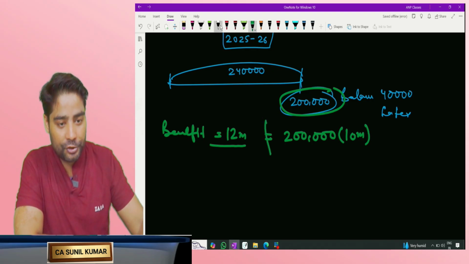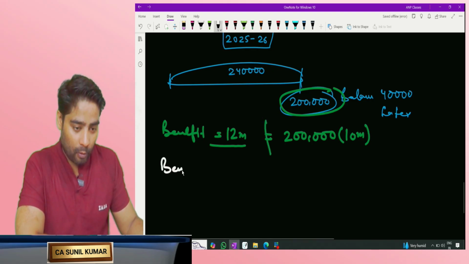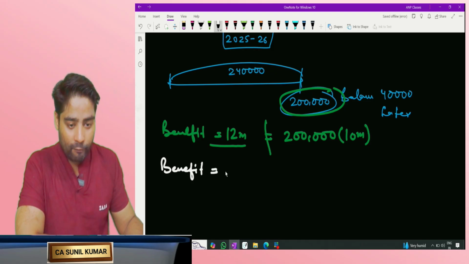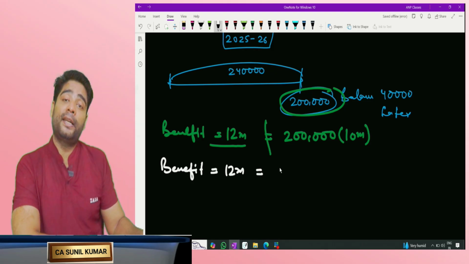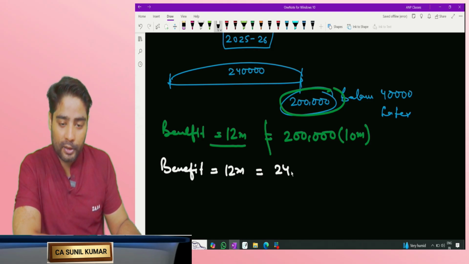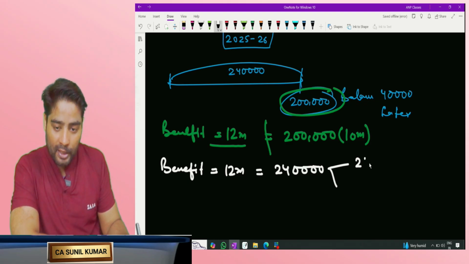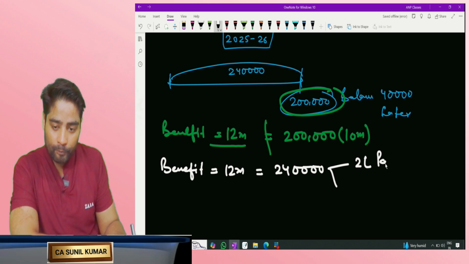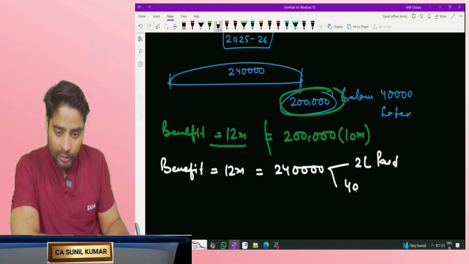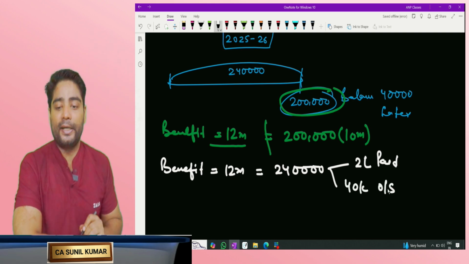So now again, we should balance it. Sir, the benefit you have taken is 12 months and the rent for 12 months is 2,40,000. In this 2,40,000, 2 lakh have been paid and 40,000 is outstanding.